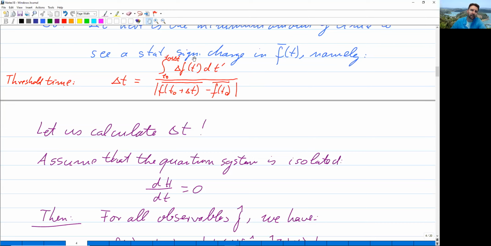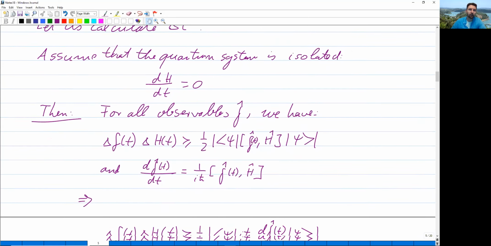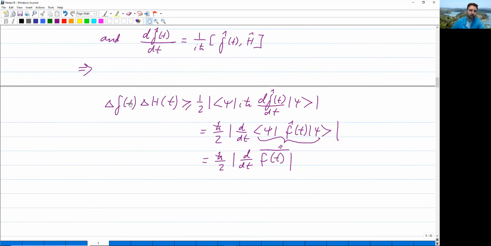So what we need to calculate in particular is this integral over delta f of t. Now we have here an expression, delta f of t. Let's just integrate the entire thing. So then we have the integral from t naught to t naught plus delta t of delta f of t times delta h.